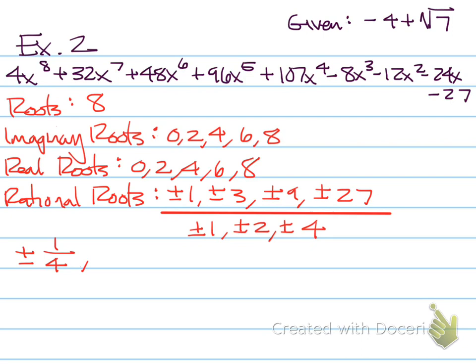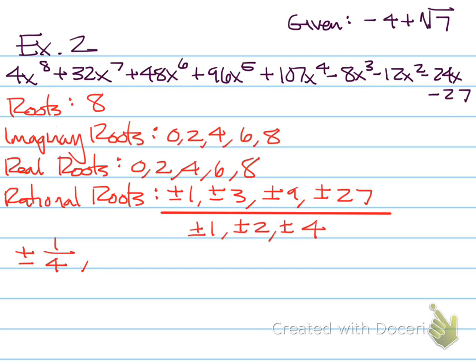What I typically do, whenever you're listing the rational roots, is try to list them in order from least to greatest. So the smallest numerator is 1, and you want to divide that by the biggest denominator to get the smallest number.